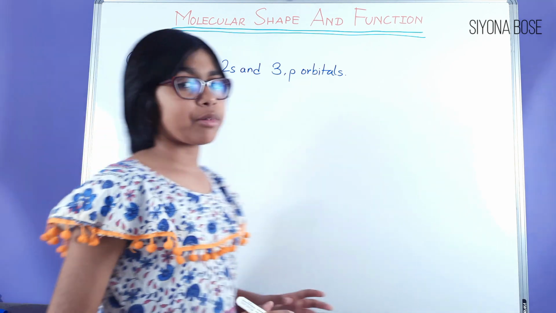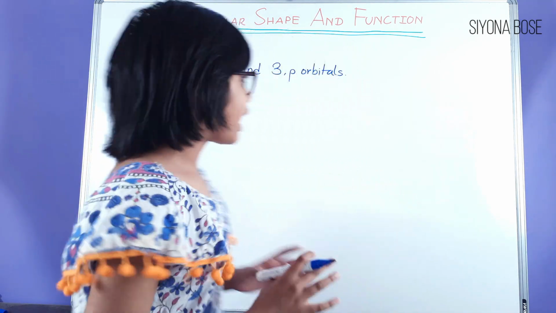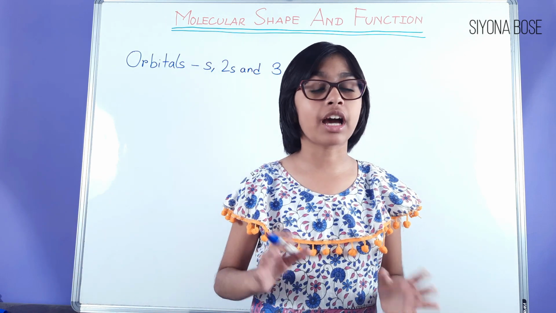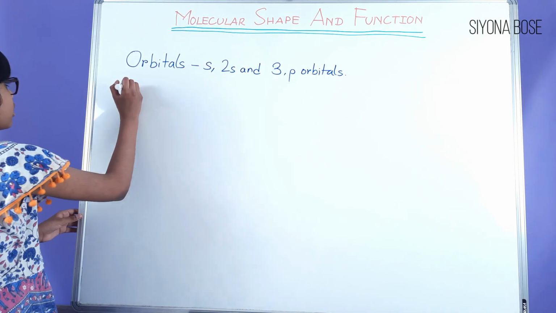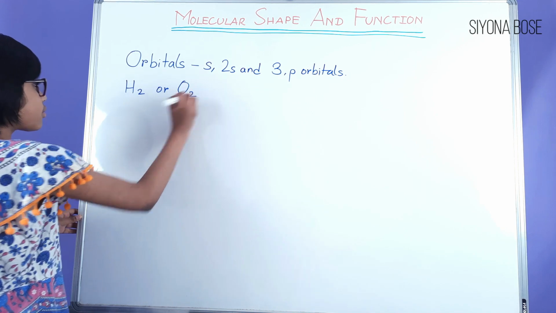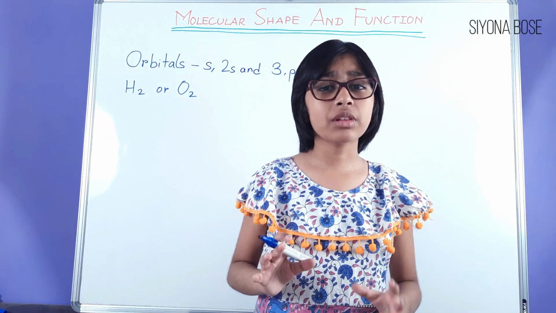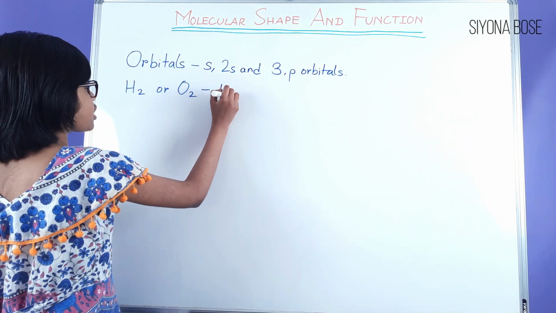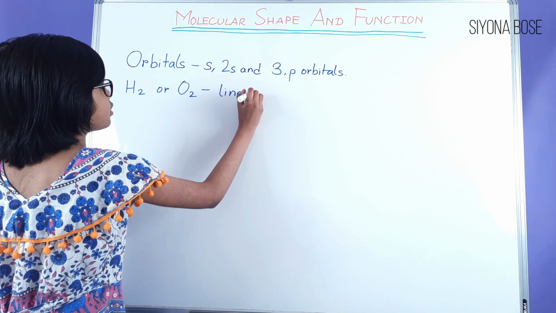Let's take some examples. This is a very easy concept to understand. H2 or O2, which have only 2 atoms, are linear. They don't have any complicated shape.